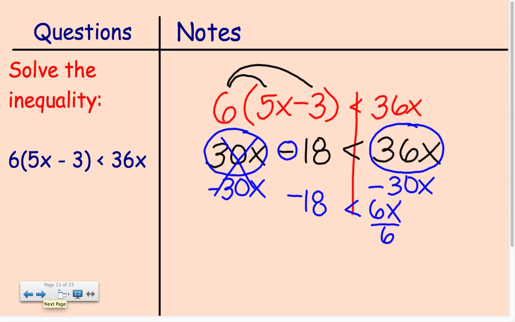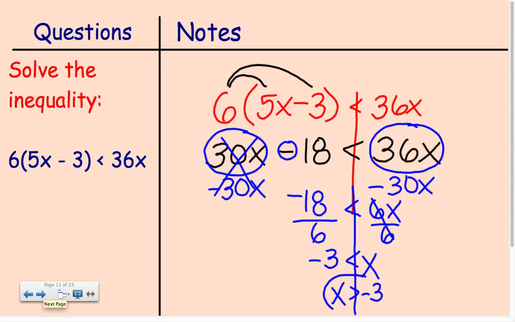We're dividing both sides by a positive 6, so I don't have to flip. Negative 18 divided by 6 is negative 3. Now I do have my variable on the right and I want it on the left, so I do need to rewrite. The Pac-Man mouth is eating the x. The Pac-Man mouth has to eat the x. So my answer is x is greater than negative 3.